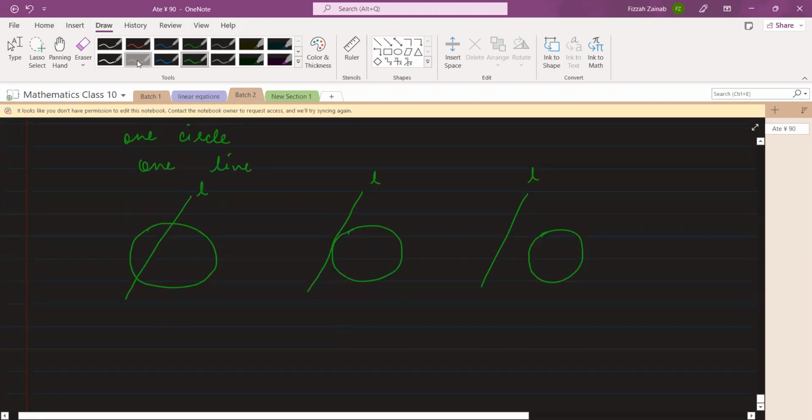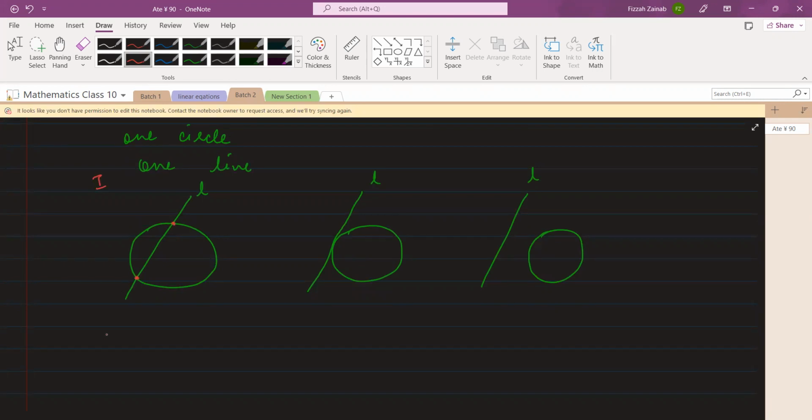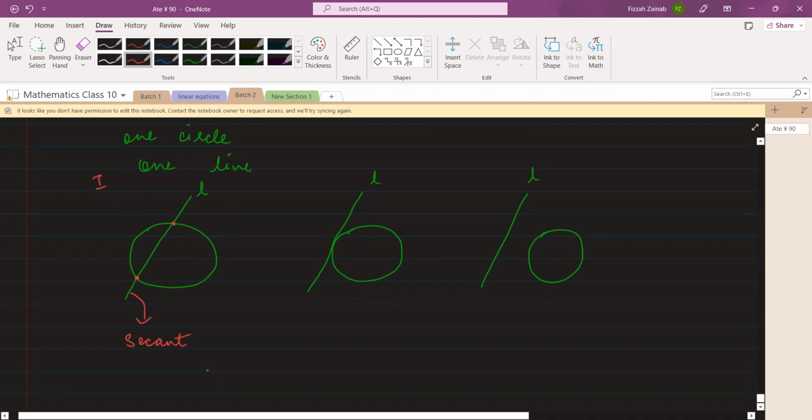So as you can see in case 1, the line is intersecting the circle at 2 points, right? So this line in this case is called a secant. Now in the second, the line is just touching the circle, so it is touching only at one point.